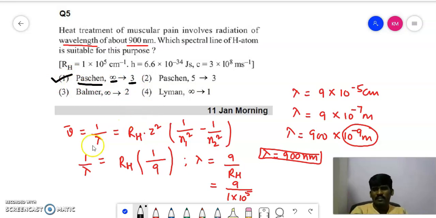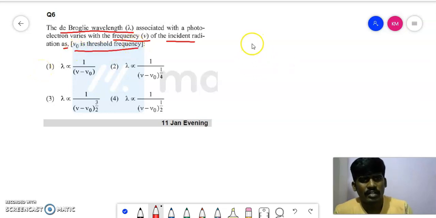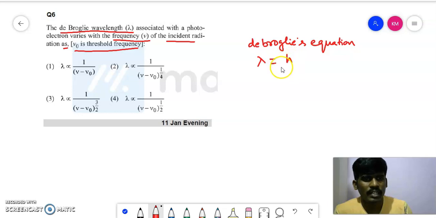Now the next question: the de Broglie wavelength lambda associated with a photoelectron varies with the frequency nu of the incident radiation, where nu naught is the threshold frequency. According to de Broglie's equation, lambda is equal to h upon mv, where h is Planck's constant, m is the mass of the electron, and v is velocity.